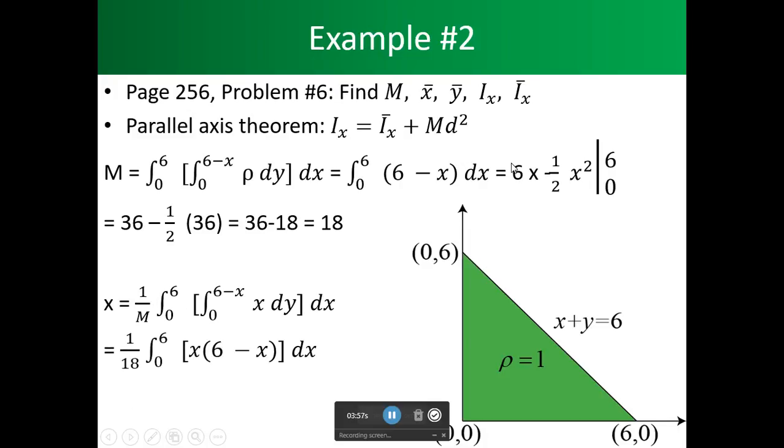So we found out that m is 18. So it's 1 over 18 from 0 to 6. Okay, and we're going to take our first integration, in reference to y, so it's just going to be x times y, just accepting our upper limit. Our lower limit is dropping out. So it's just x times 6 minus x.